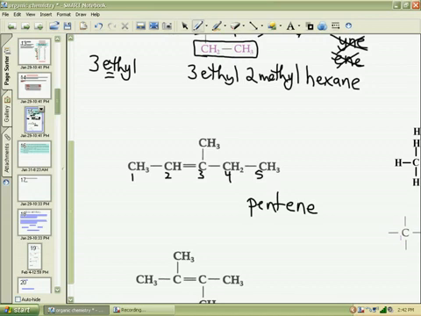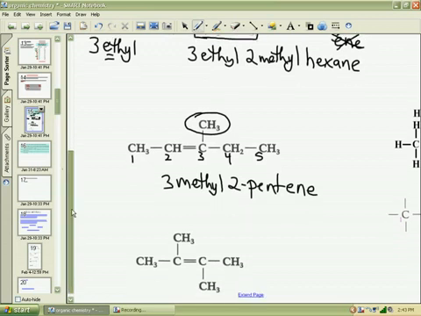So this is a pentene chain, and it's on the second carbon, so it is a 2-pentene, because you want to tell where that double bond is. Now, the only functional group I have on here is a methane. So it is a methyl pentene, and I have that attached at the third chain. So it's a 3-methyl-2-pentene.